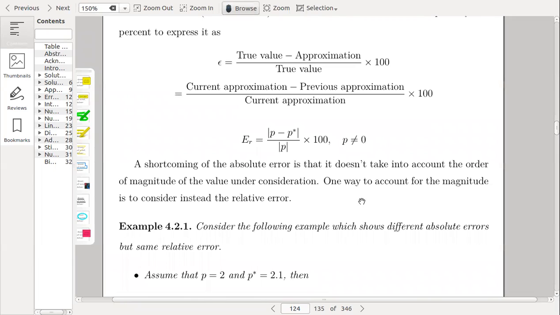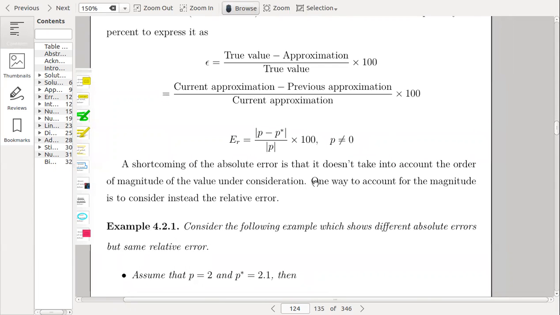The shortcoming of the absolute error is that it does not take into account the order of magnitude of the value under consideration. One way to account for the magnitude is to consider the relative error instead.